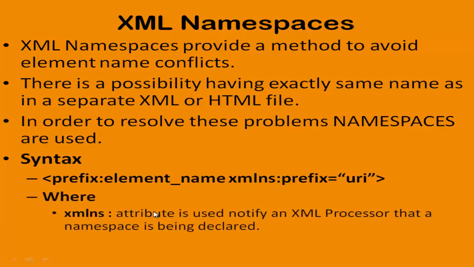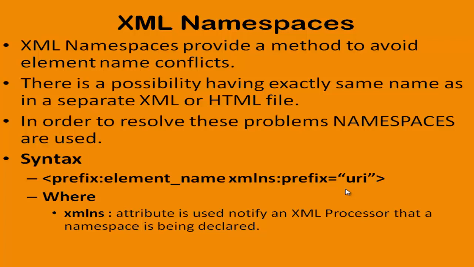So xmlns is an attribute which is used to notify an XML processor that a namespace is being declared. If you don't use xmlns, your parser or XML processor will not know about that particular namespace attribute.